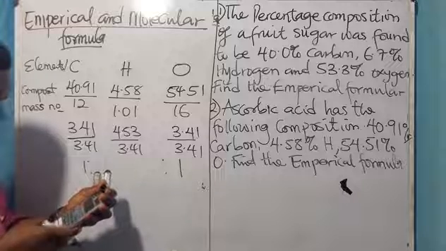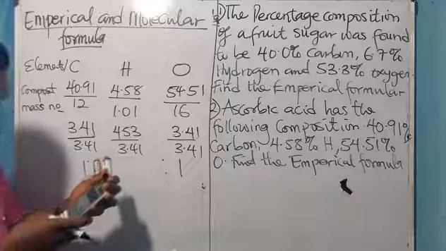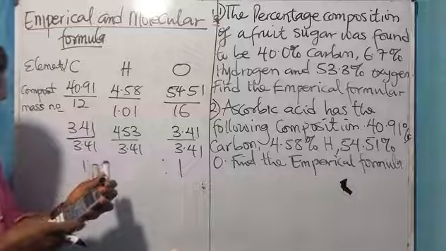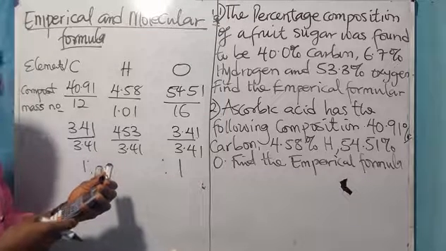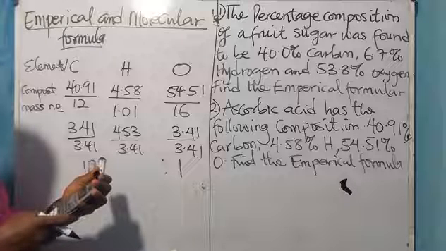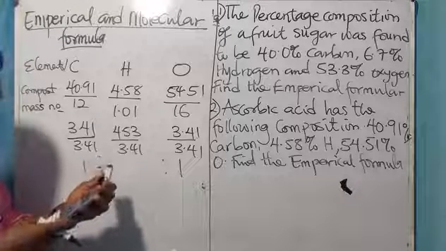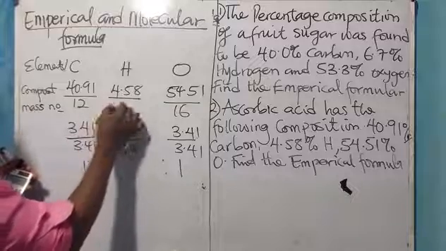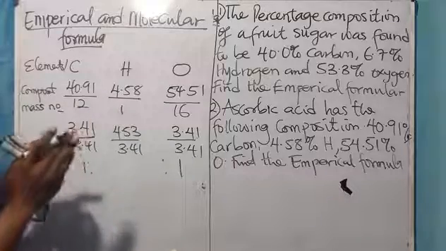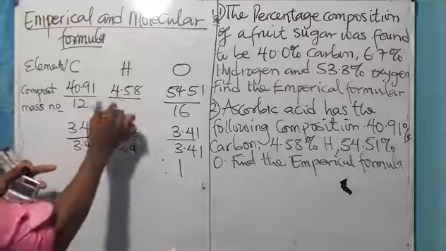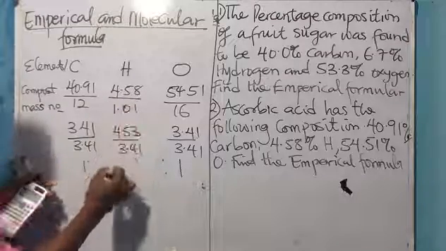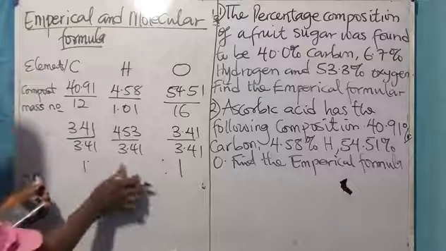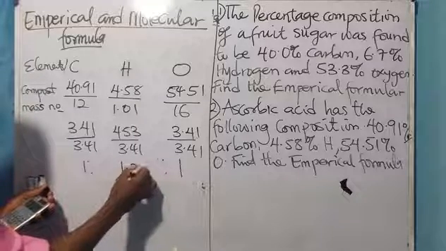Okay, let's wait, excuse me. 4.58 divided by 3.41. Since we'll be using 1.01, let's stick to that. So I'm going to be having 1.33.